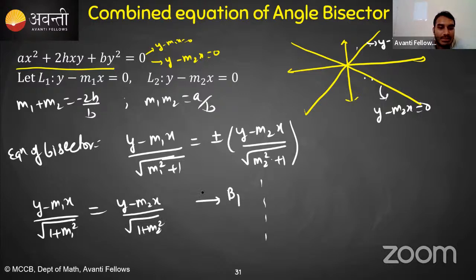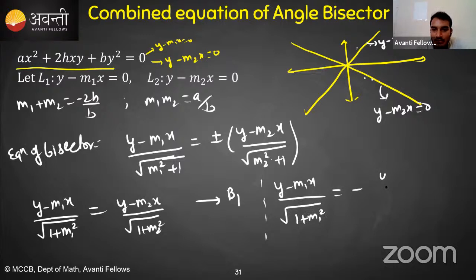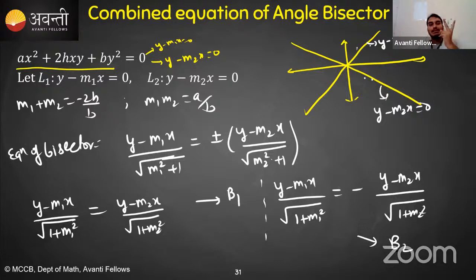On considering the negative sign, y minus m1x upon under root of 1 plus m1 square is equal to minus times y minus m2x upon under root of 1 plus m2 square. This is the equation of bisector 2. There are two bisectors: one is the acute angle bisector, the other is the obtuse angle bisector. So quickly, we can write it like this.